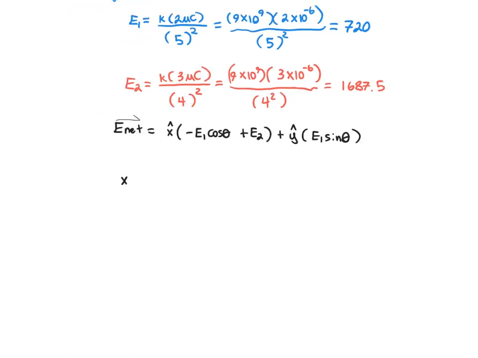So now when looking at E net, we can plug in for E1 and E2, and with the angle I previously solved for, we plug those in to find out what the final x component is and what the final y component of the net E field is.